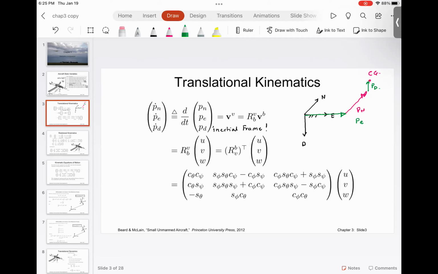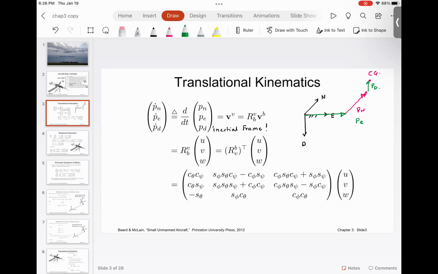But here is the problem that I have. I have my P, Q, R, U, V, W in the body frame, but my PN, PD, and PE are expressed in the inertial frame. So when I take the derivative, I get the velocities in the inertial frame.